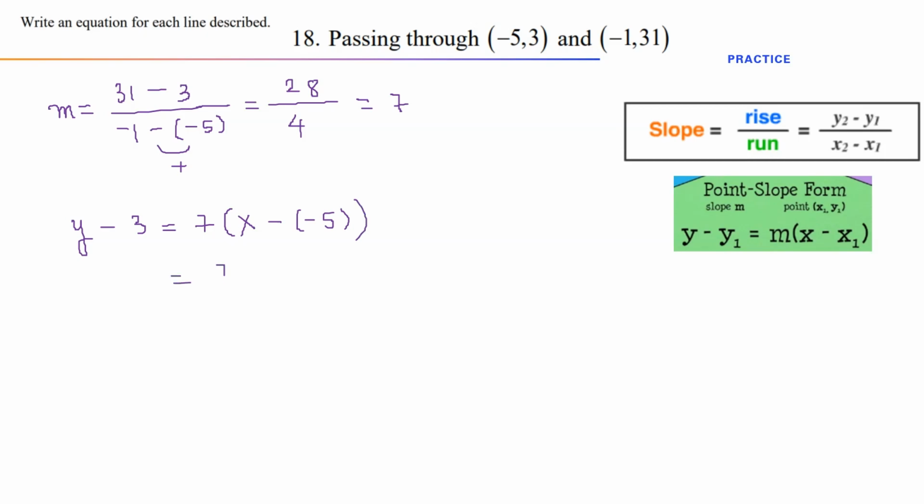So 7x, this one is positive, so 7 times 5, 35. Now we add 3 to both sides. y equals 7x plus 38.